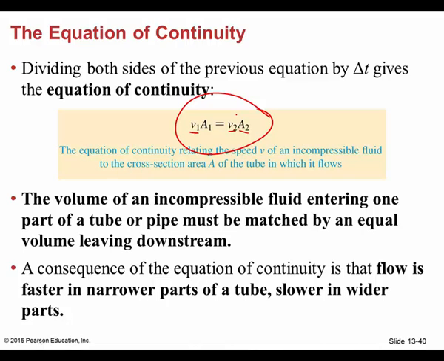That's just impossible. So what has to happen? The flow in the smaller area has to increase. If the volumes are equal but the area decreases, then we have to increase the velocity of flow. We have to really speed up that velocity.